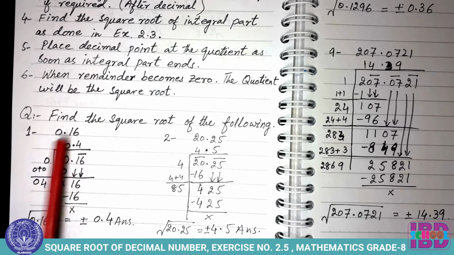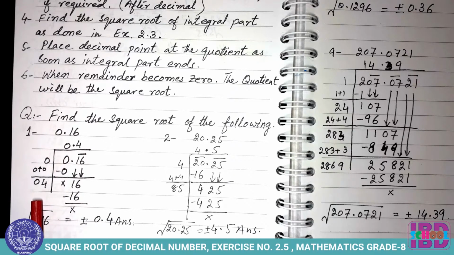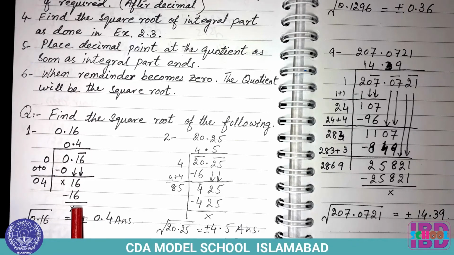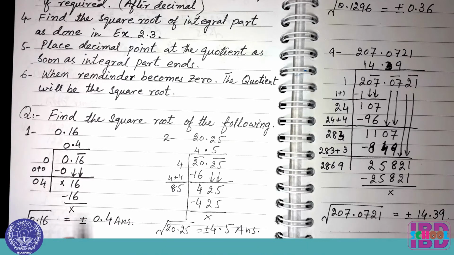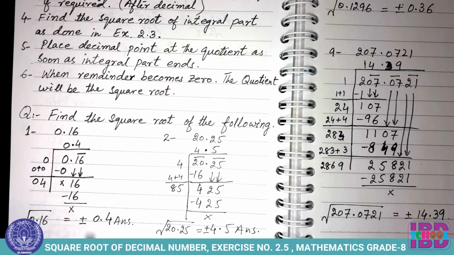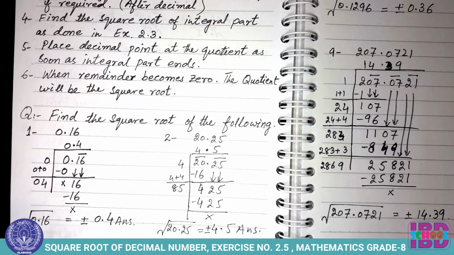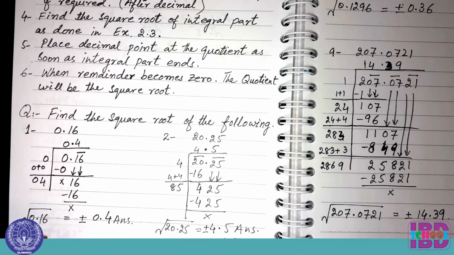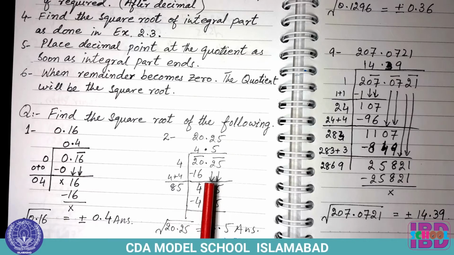Here we note that 4 into 4 is equal to 16. After subtraction, we have 0 remainder and the quotient is 0.4. Hence 0.4 is the square root of 0.16. In the same way, we can do all the other questions relating to decimal numbers.